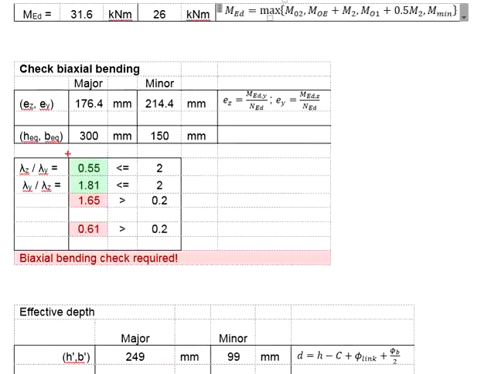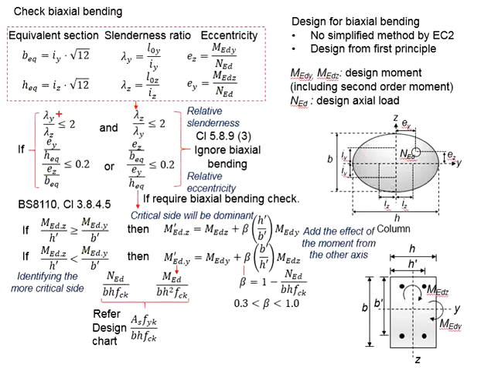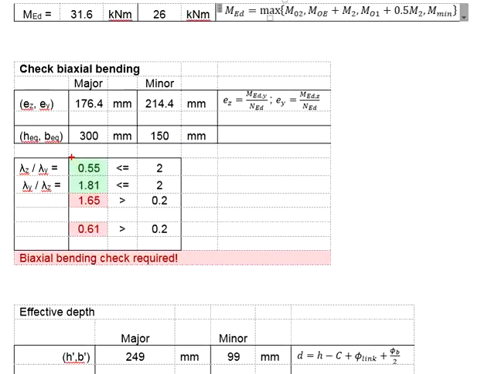The calculated values are 0.55 and 1.81. The requirements are those ratios shall not be more than 2.0. The calculated values 0.55 and 1.81 are all less than 2.0. That means these 2 requirements are fulfilled.